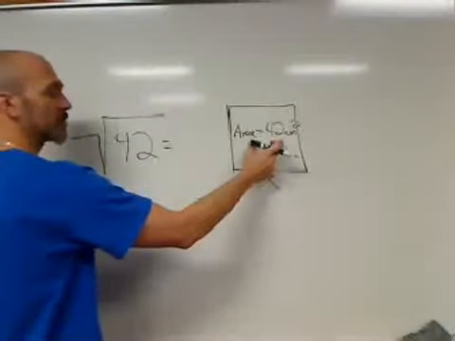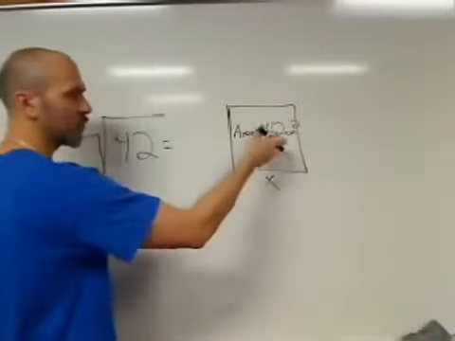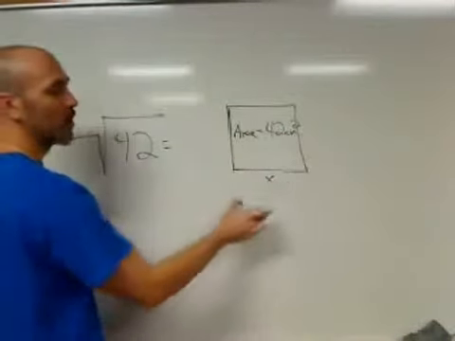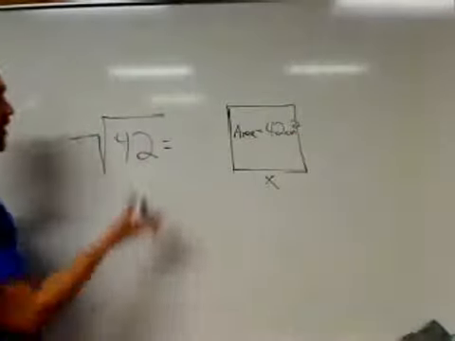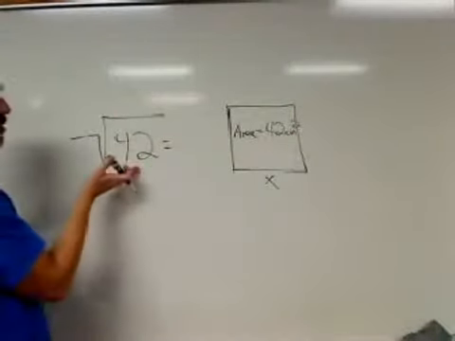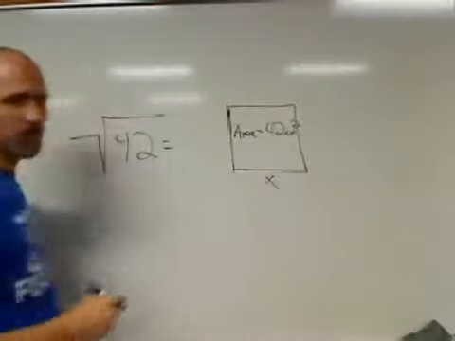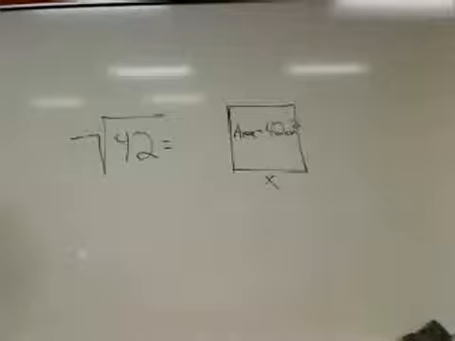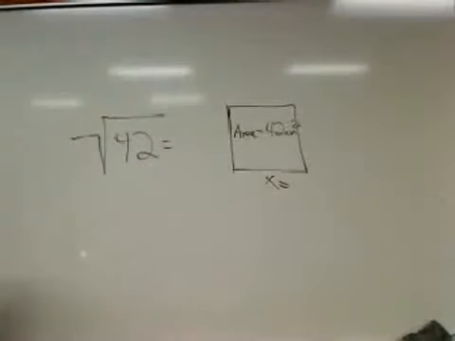It comes from a square that has the area of 42, and they're asking what number multiplied by itself equals 42. How do you find the area of a square? You square the sides, this side times that side. So right here we're asking what number multiplied by itself equals 42, and over here we're asking the same. So we found out that the side would be what? When we found the square root of 42, it was 6.48.